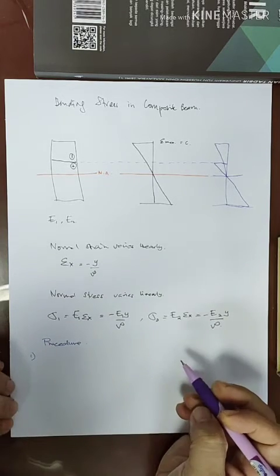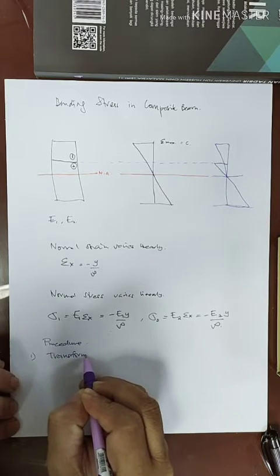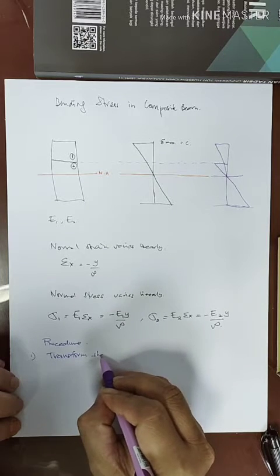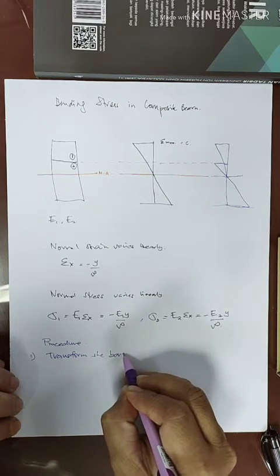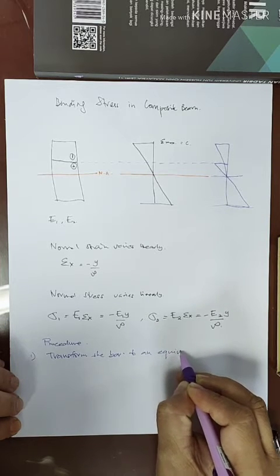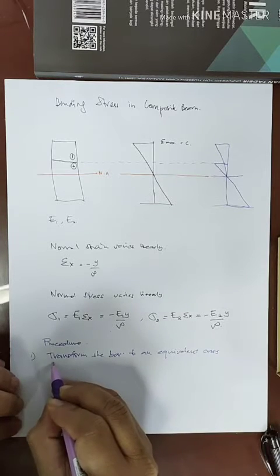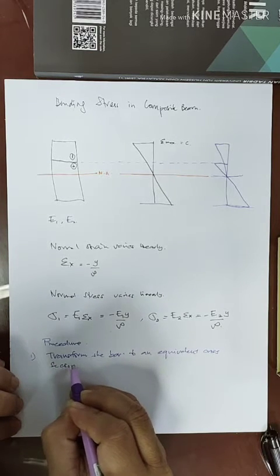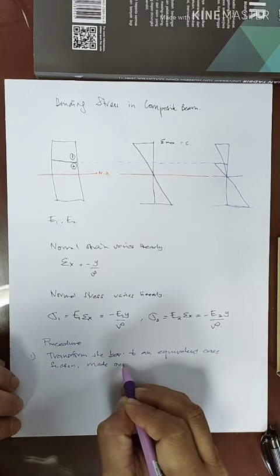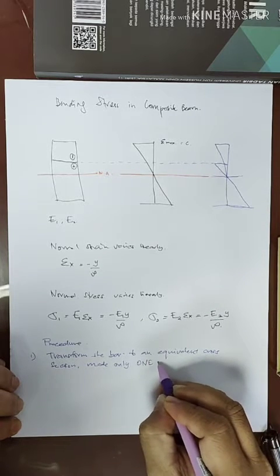So first we have to transform the bar to an equivalent cross section made of only one material.